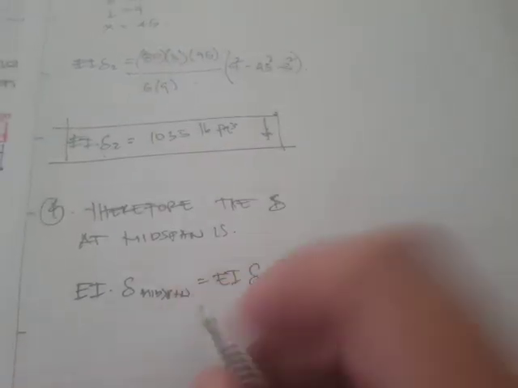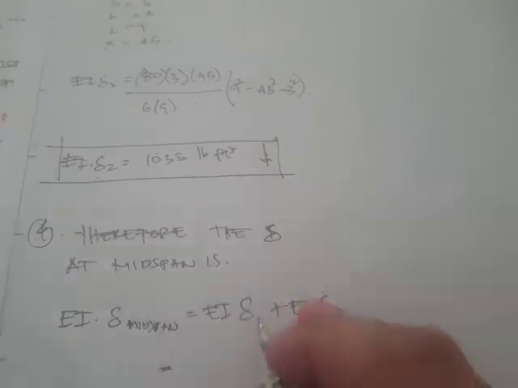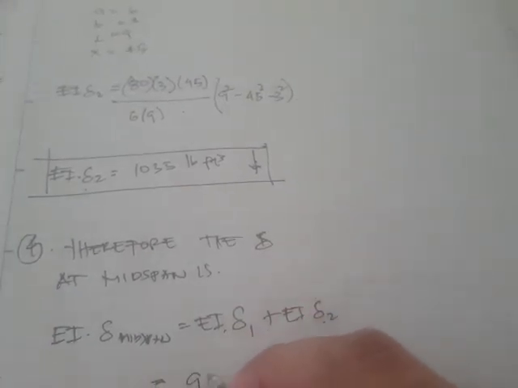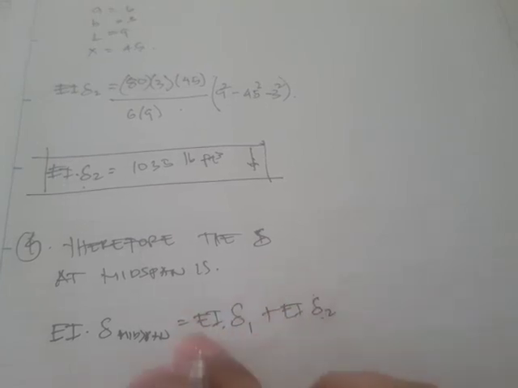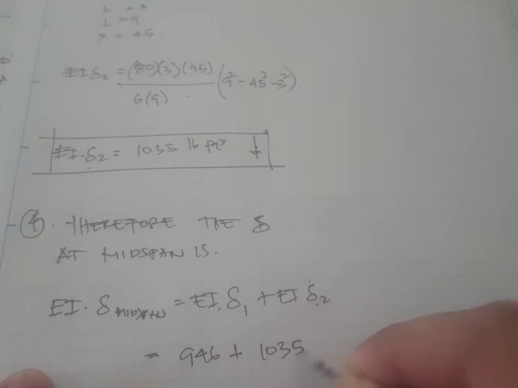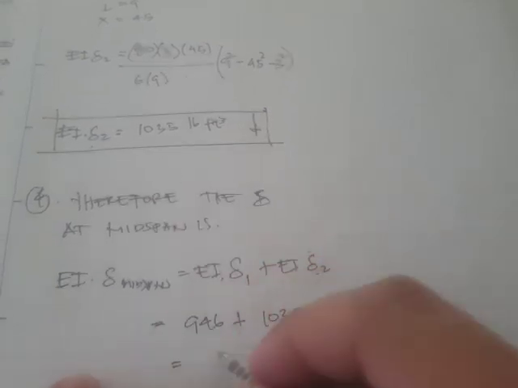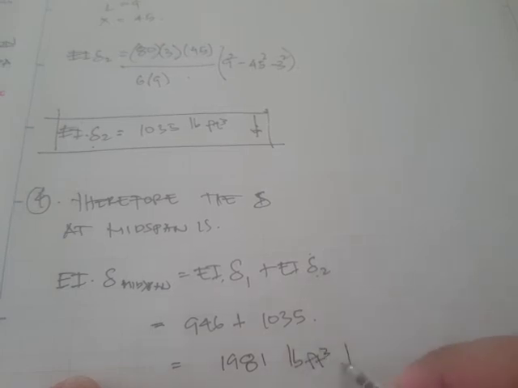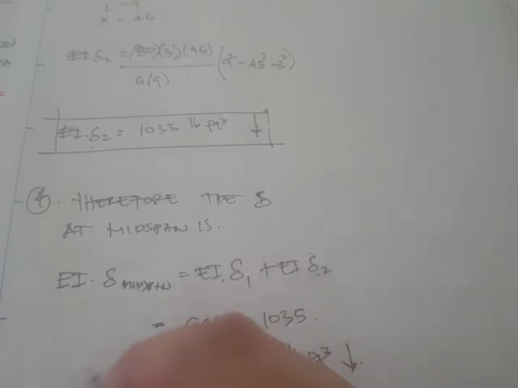So this is just 946, right? They are both downward, so they are additive, plus 1305, and therefore the total is 1981 pound-feet cubed, and the direction is downward. Okay, so that's EI times the deflection at midspan.